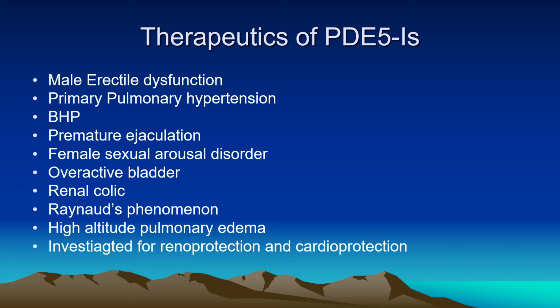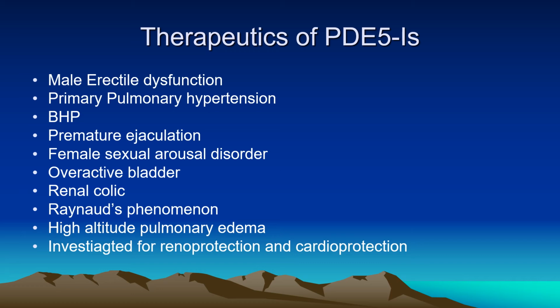Primary pulmonary hypertension of moderate severity, class 2 and 3, is a currently approved indication. Benign prostatic hypertrophy in males is an approved indication. It is being evaluated for premature ejaculation, female sexual arousal disorder, overactive bladder.